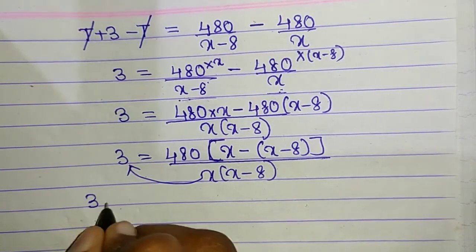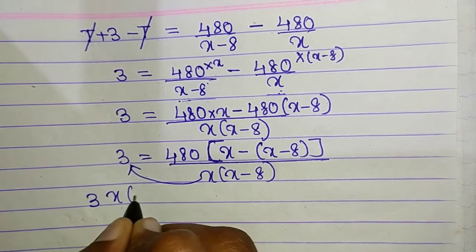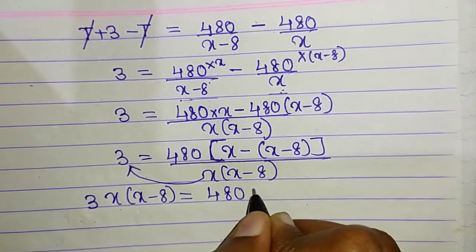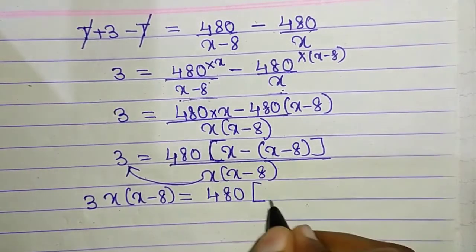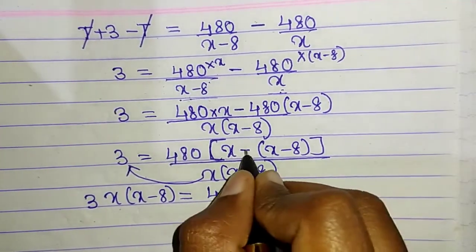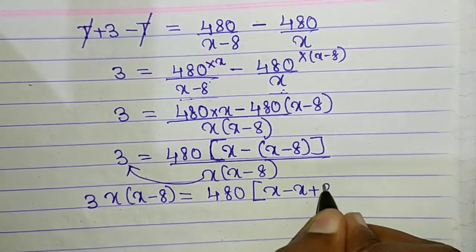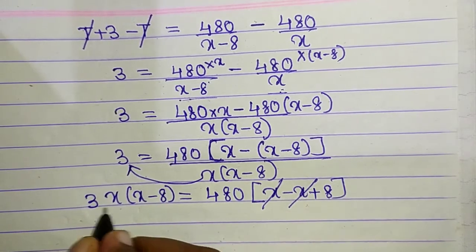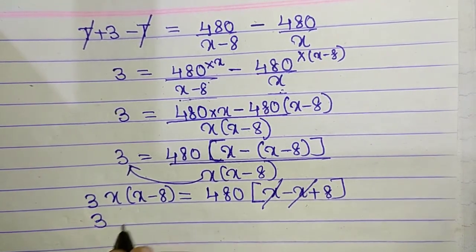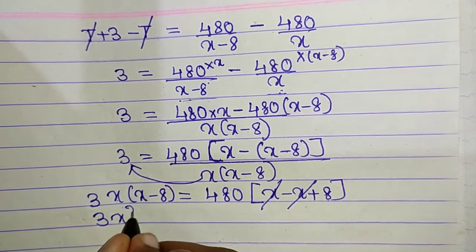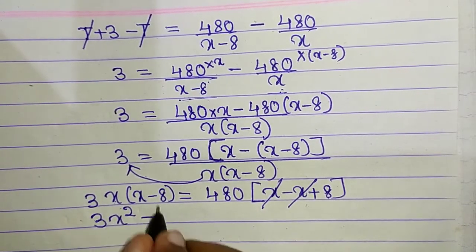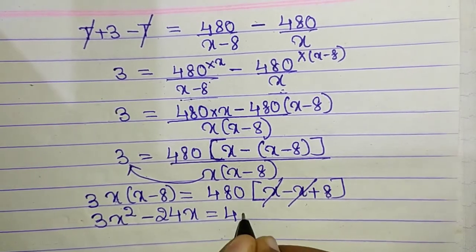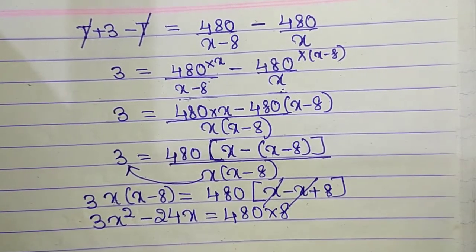We'll get 3 into x minus 8 is equal to 480 into x minus x minus 8, minus into minus plus 8. So x cancels each other. What we have is 8. And on the left hand side, 3 into x square minus 3 into 8, 24x is equal to 480 into 8.